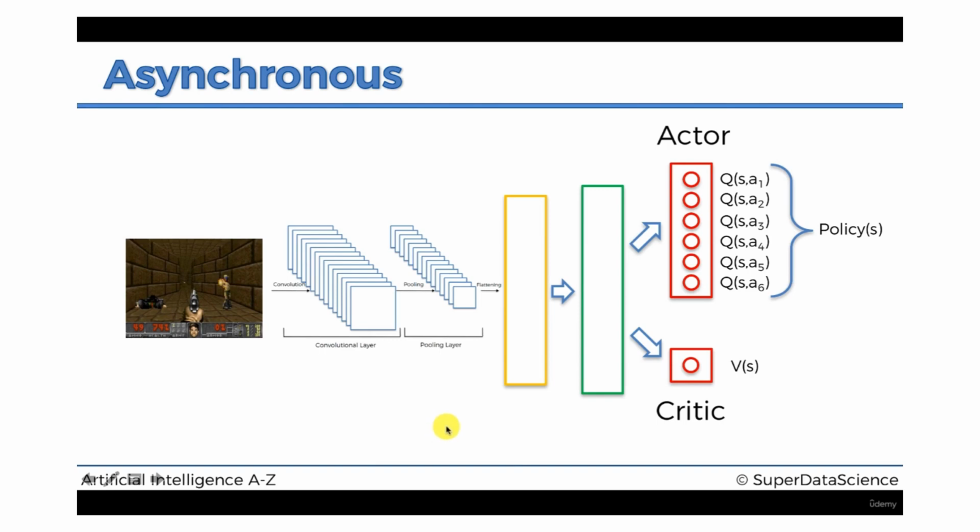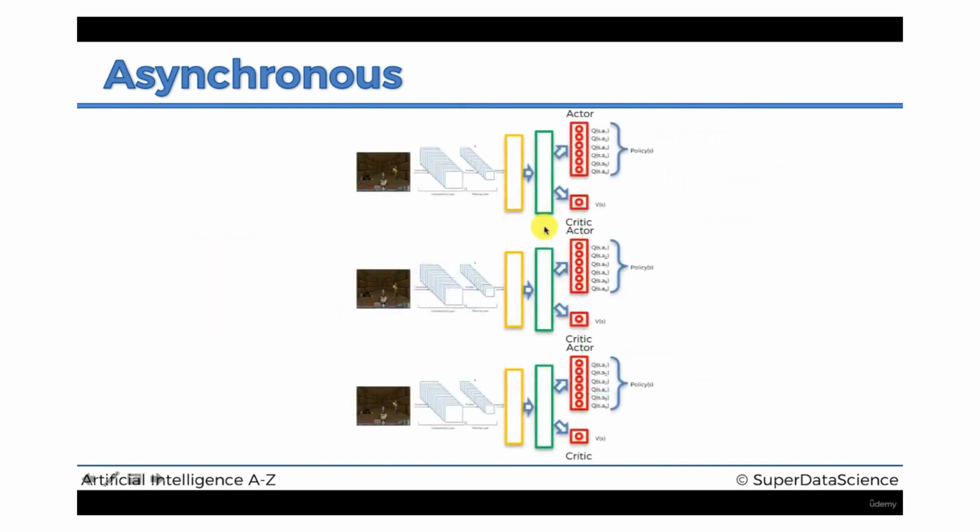What we're going to do is replicate this, because now we have multiple agents. So with multiple agents, this is what it would look like. Remember what we said about them sharing the experience between each other. Right now they're all independent. You have one playing the game, another one playing the game, another one playing the game.